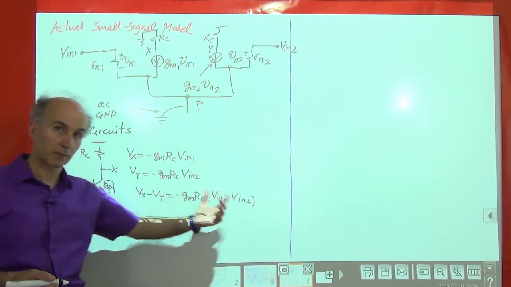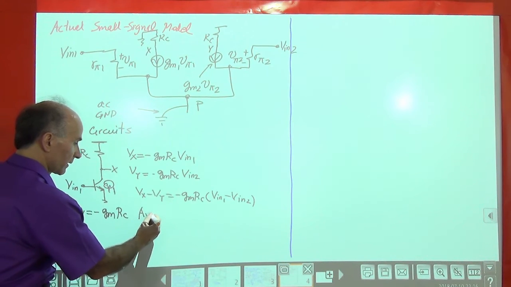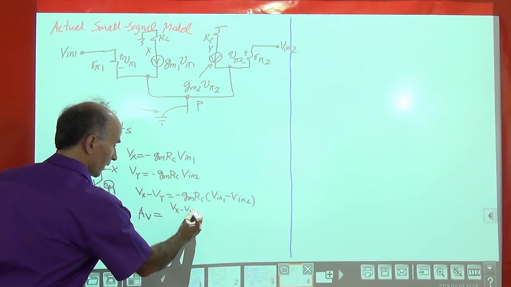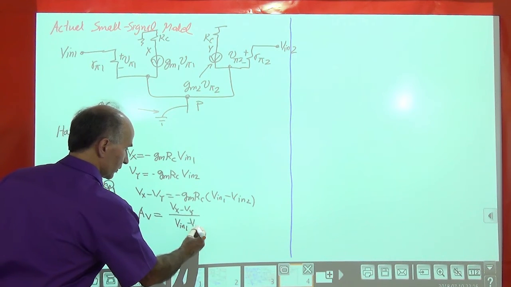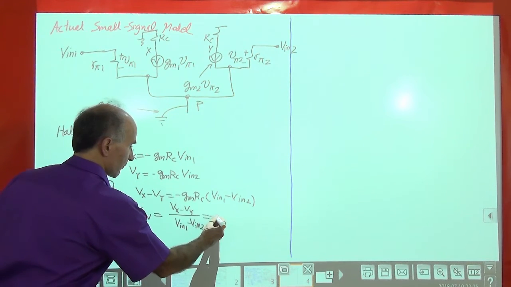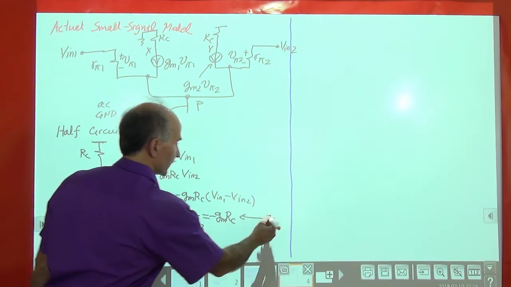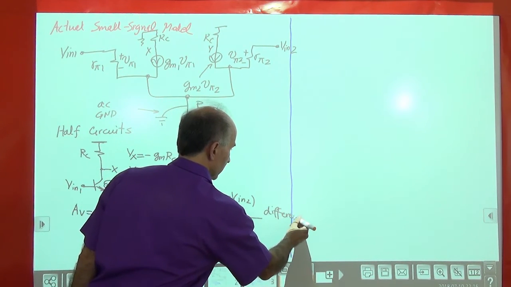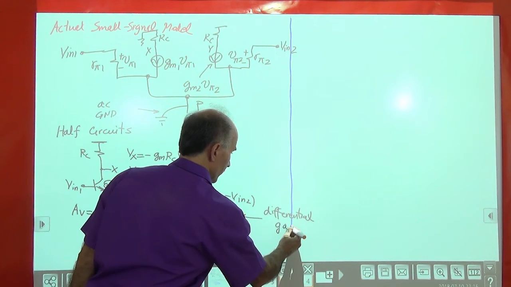So this divided by this would give us the gain. So that's what we call the differential gain. Av is equal to Vx minus Vy over Vin1 minus Vin2, and that's just minus Gm RC. So this is called the differential gain or voltage gain.